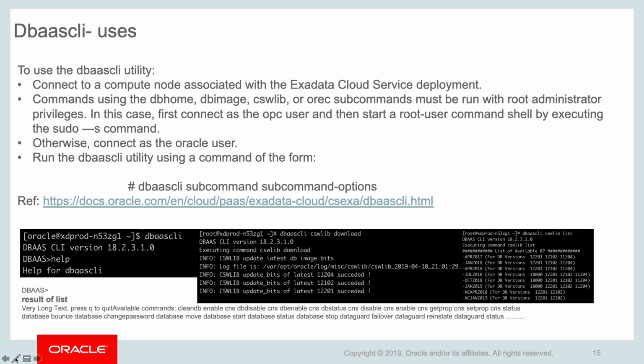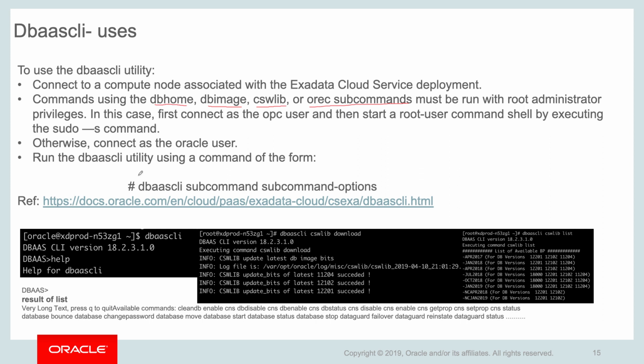So these commands need you to be the root user. Any DB home, any DB image, or any operation downloading software to the software library, these subcommands must be run with root administrator privilege. So in this case, you are connecting as opc and then doing a sudo to root.